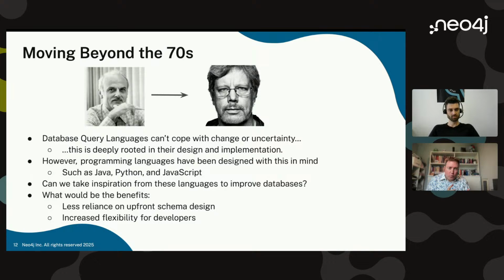So one of the things that we've talked about is flexibility in schema. One of the things that we want to try and do with Aurendil is to build a runtime that doesn't require you to design a schema up front to optimize the system.